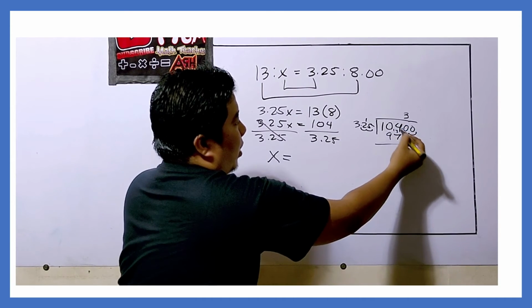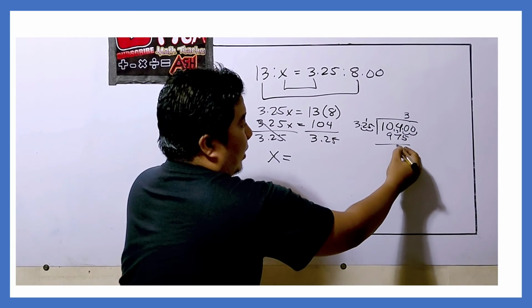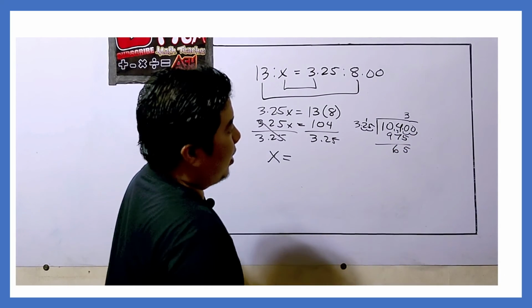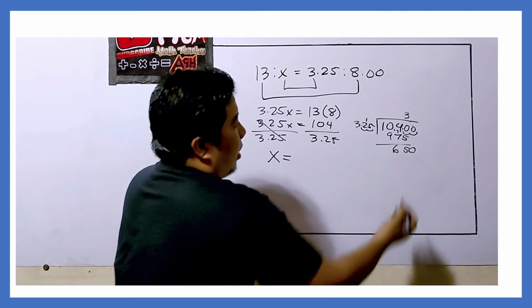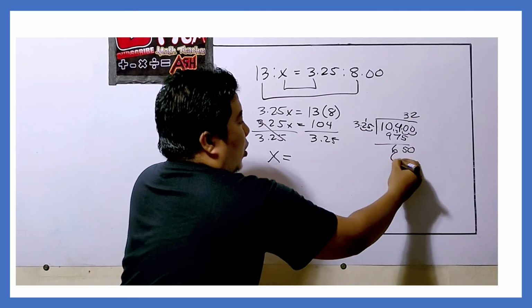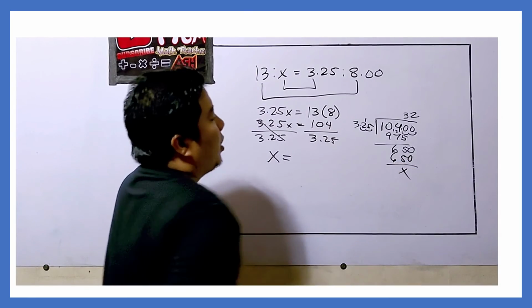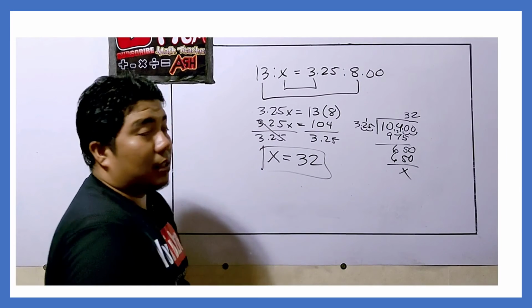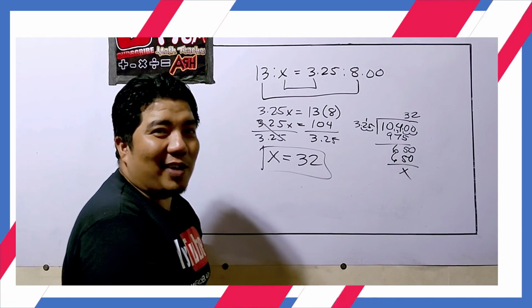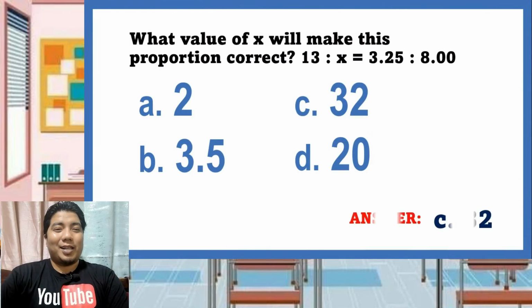And then it will borrow here. 13 minus 7, that is 6. Okay. So we will be bringing down 0. So 650 divided by 325, the answer is 2. So 650. Therefore, there is no remainder. So therefore, the correct answer is 32. Easy, right? And the correct answer is letter C, 32. Very easy, right? Now, let us go to the next problem.